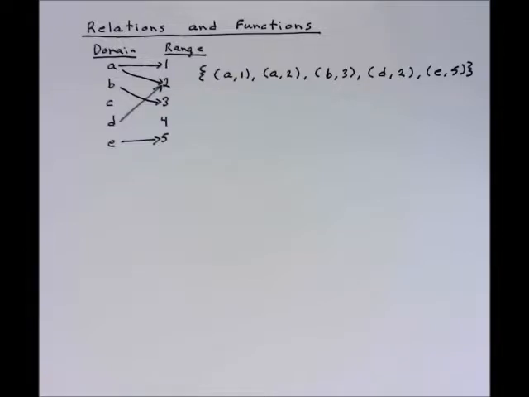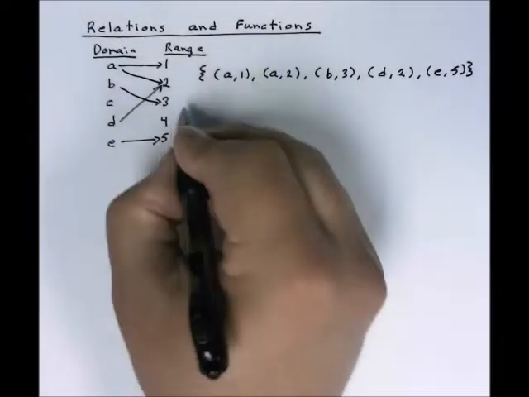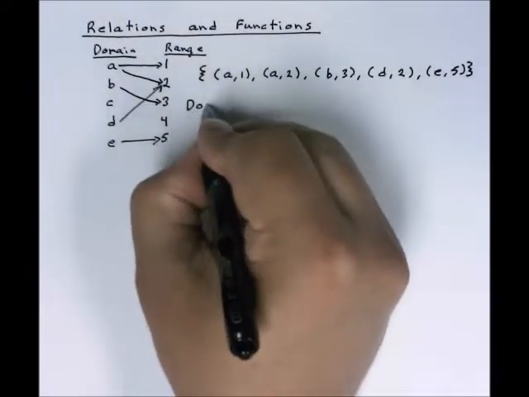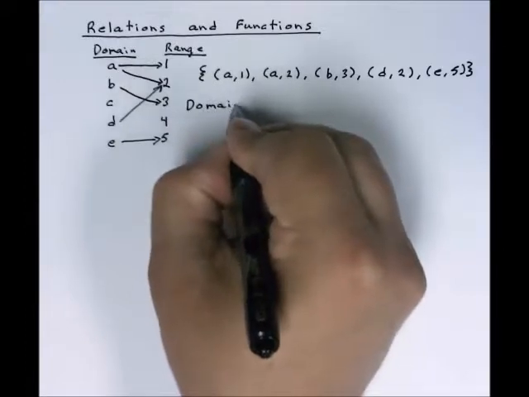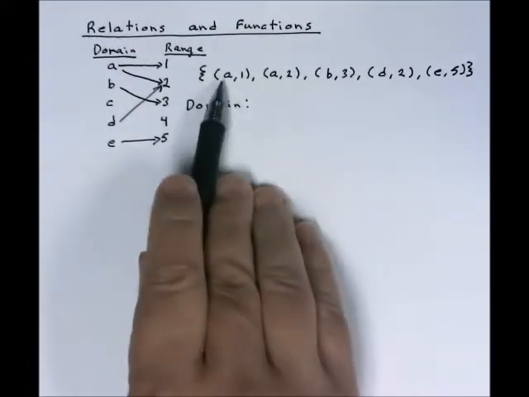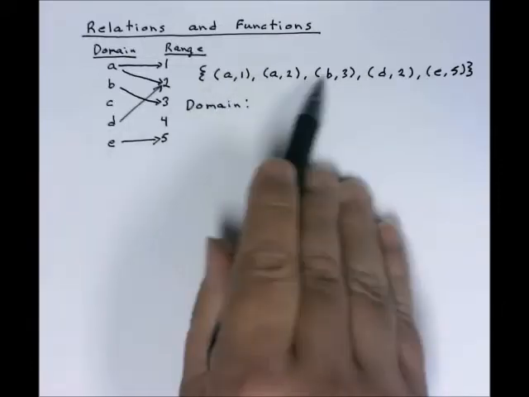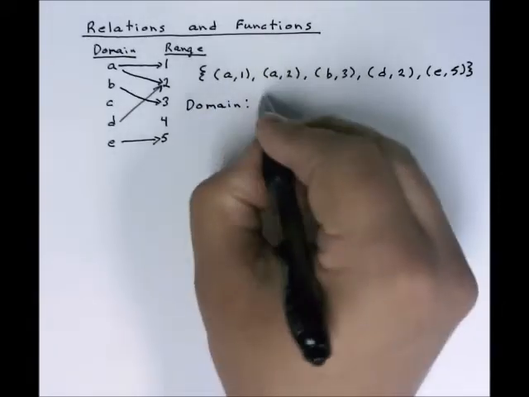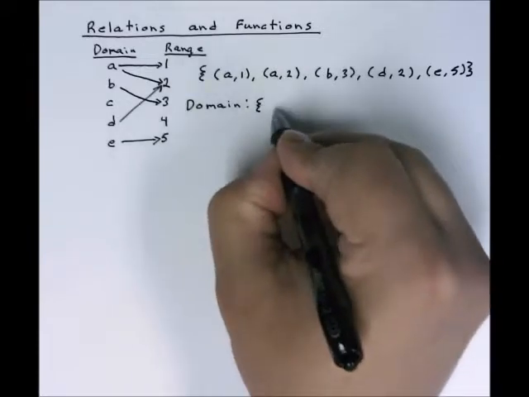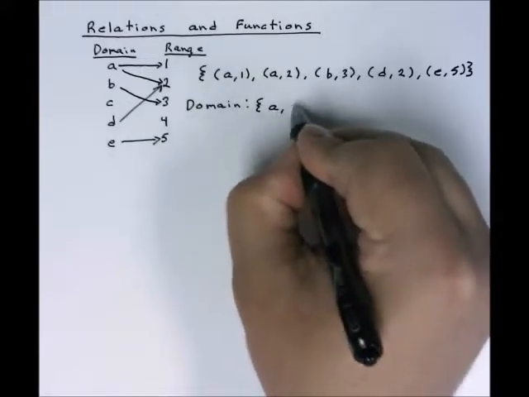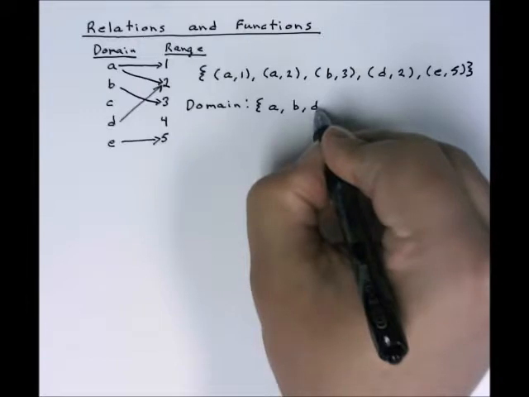Now if I were to ask you for the domain and range of the function, just make a list of all the first elements, the A, the B, the D, and the E. And if they repeat, we are just going to omit the repeats.